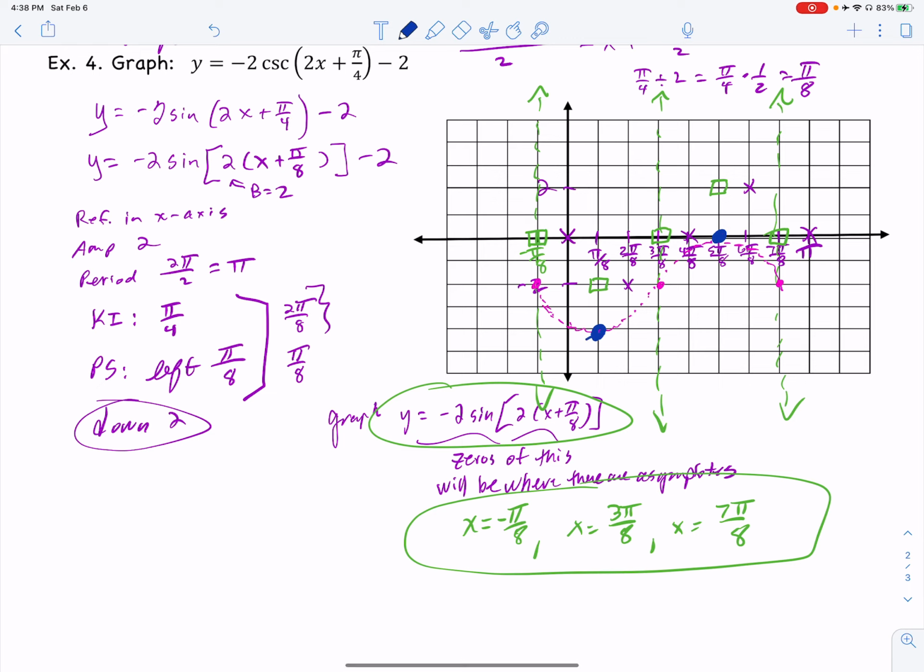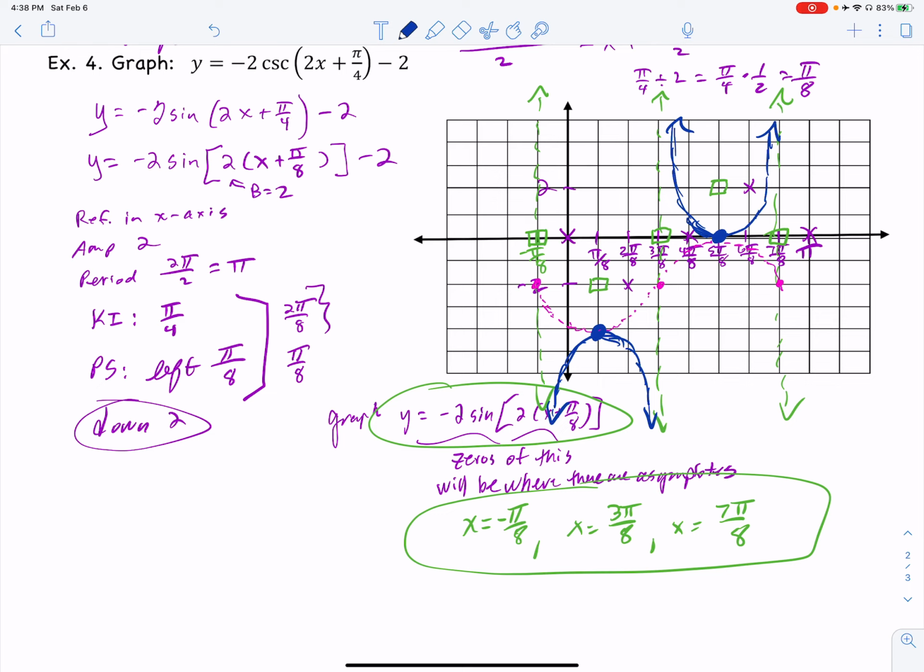But it's going to then open down and follow those vertical asymptotes, never reaching them, just going to -infinity there, and then again have it scooped up here. And there is one period of cosecant.